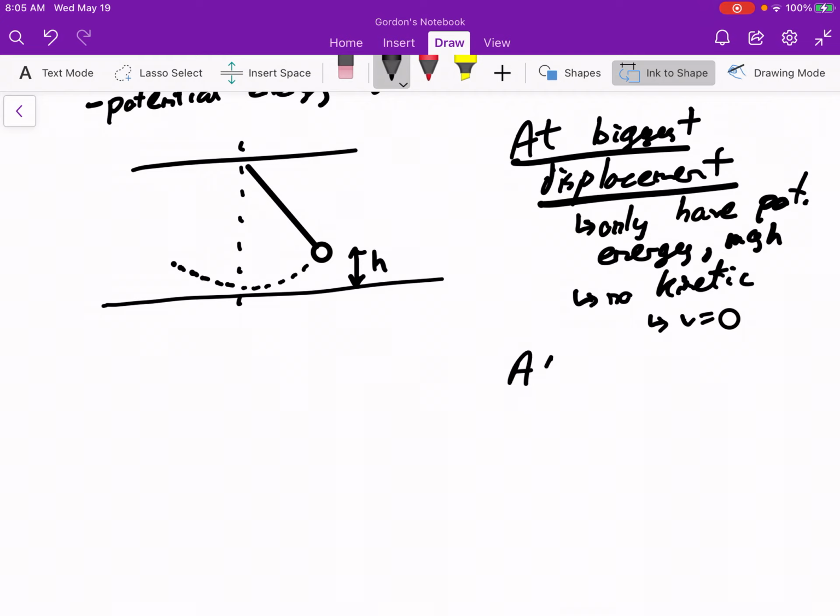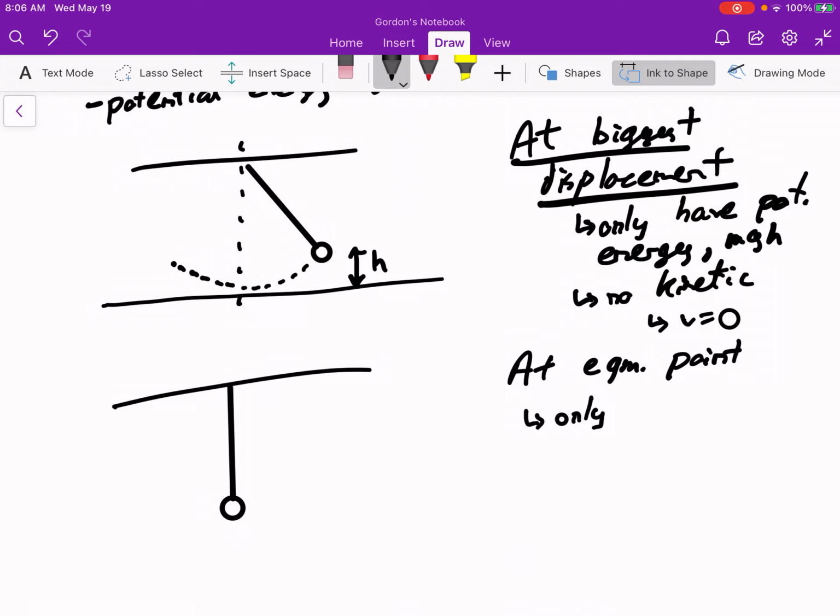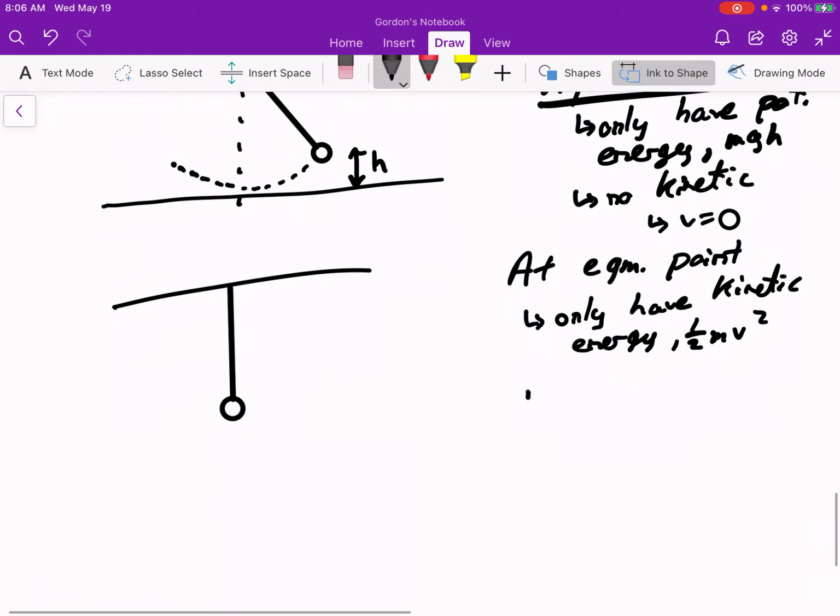And then at the equilibrium point, as the pendulum passes right through the middle here, we are going to only have kinetic energy, which is going to be 1/2 mv squared, and potential energy is 0 at that point.